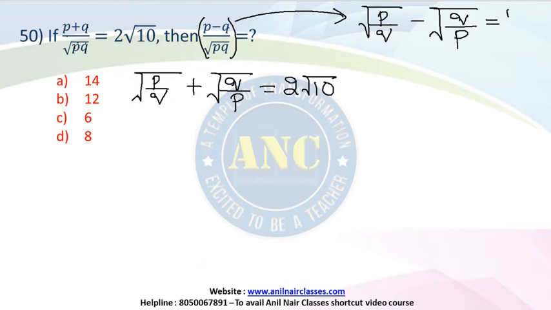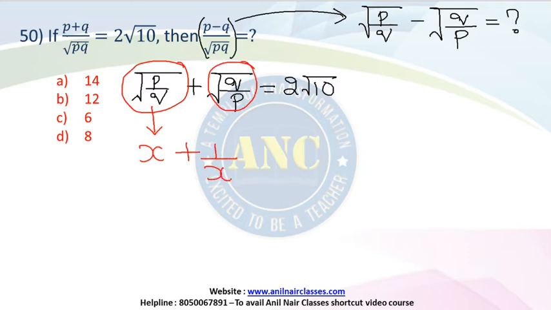That means, can I easily say: instead of considering this under square roots and getting confused, if I call this x, plus this, the reciprocal of the first term, that becomes 1 by x. That means they are giving you the x plus 1 by x value as 2 root 10.